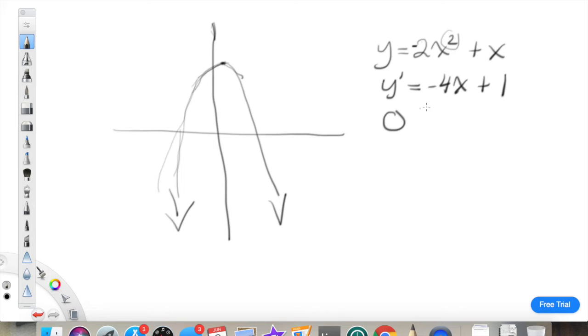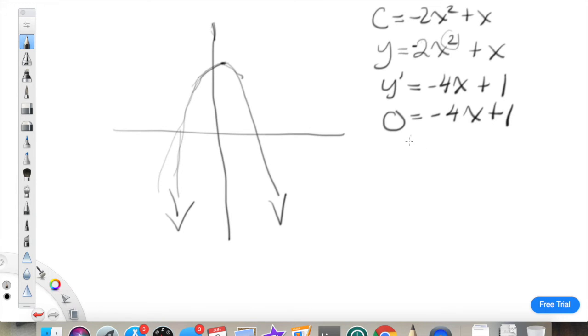So the big step in the problems that we're doing is you just set the derivative to 0 and solve for x. Maybe this is the cost equation, where y equals negative 2x squared plus x, and you're trying to figure out how to maximize it. Then you just solve for x.